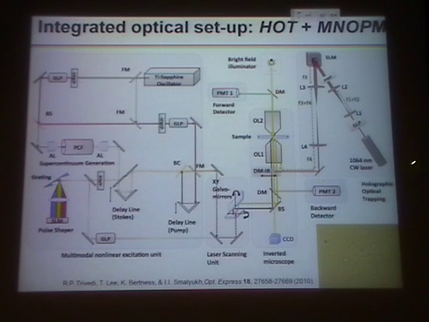In this particular case, the laser tweezer system is integrated with the very same inverted optical microscope as the nonlinear optical microscopy that allows us to visualize those different samples.